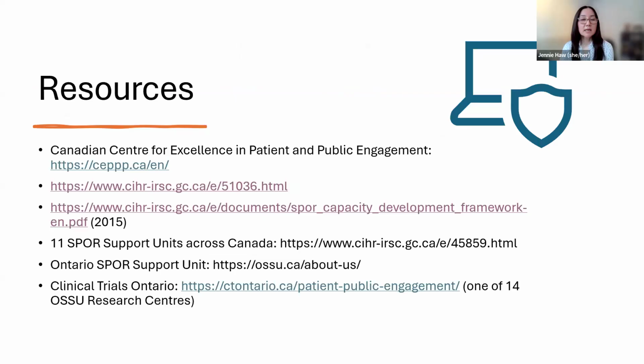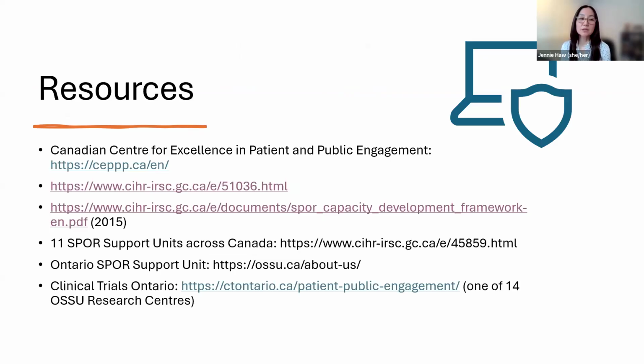And then lastly, I wanted to just provide some resources here. So again, the Canadian Centre for Excellence in Patient and Public Engagement, and the CIHR SPOR network. There are 11 SPOR support units across Canada. So there's the link there.